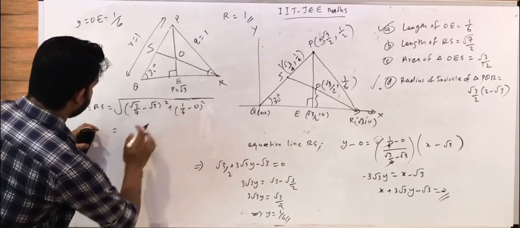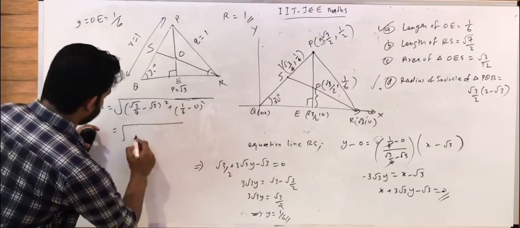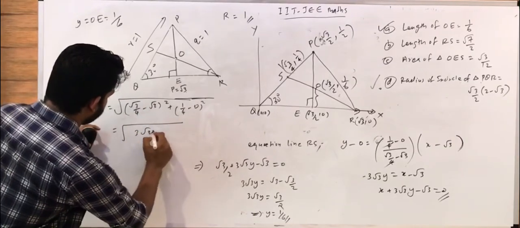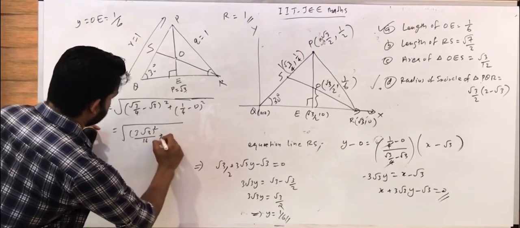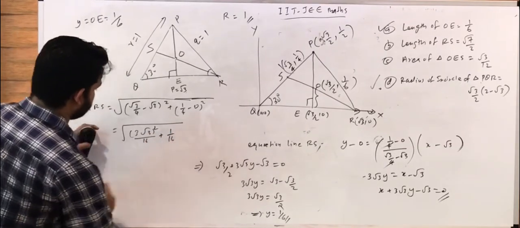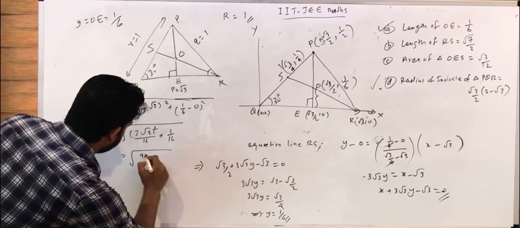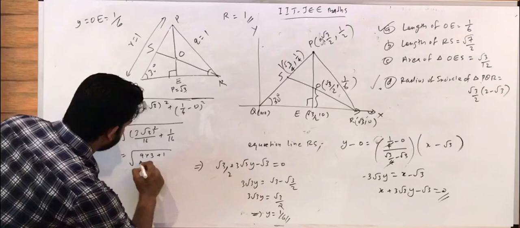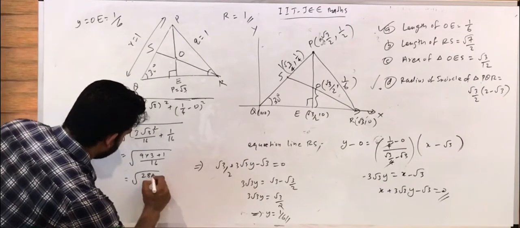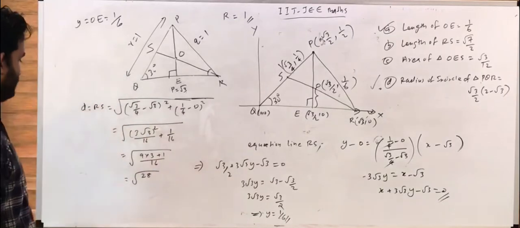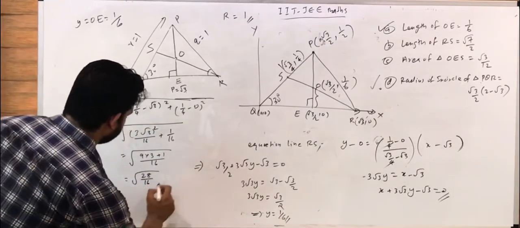Once we simplify this, we get (3 root 3) whole square by 16 plus 1 by 16. So this is 9 into 3 plus 1 divided by 16, that is root 28 divided by 16.